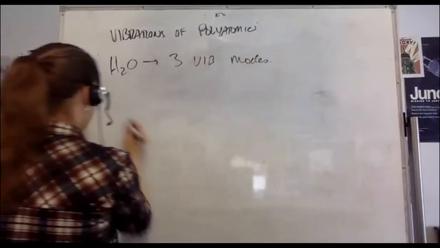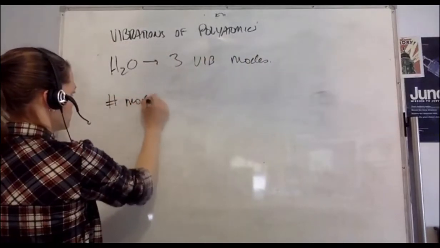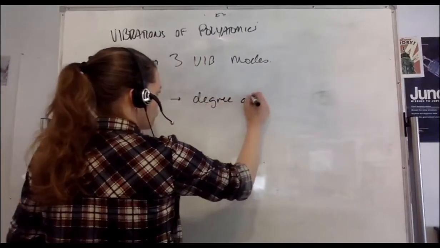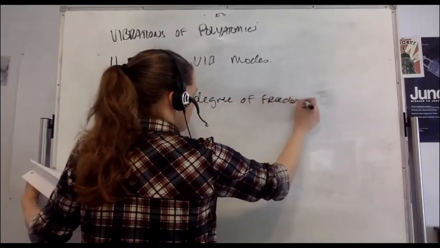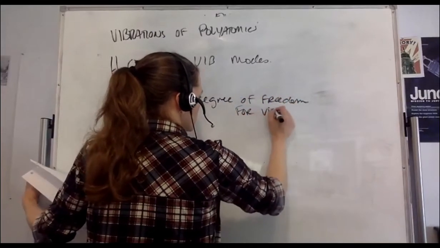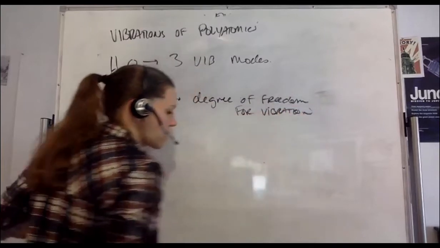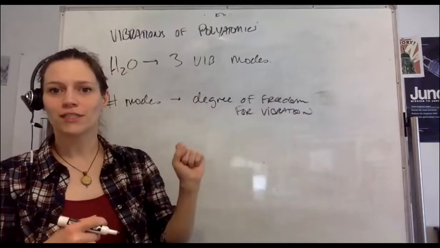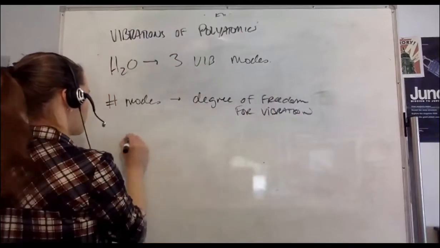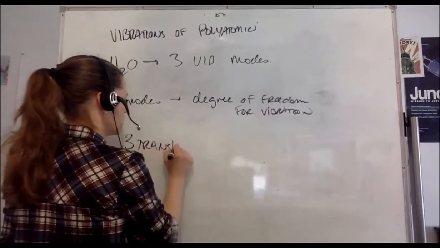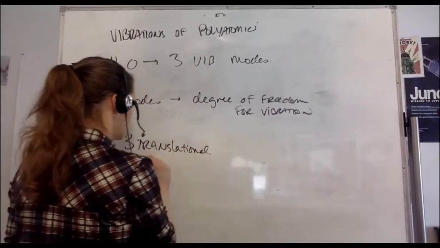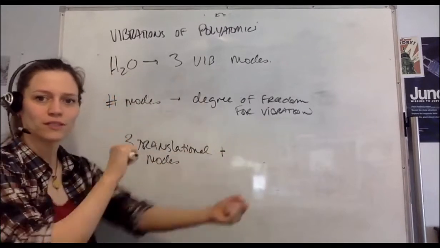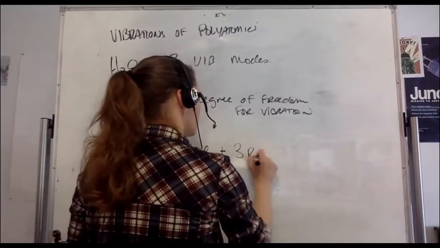First off, the number of modes is essentially the degrees of freedom for vibration. So if you think about the total degrees of freedom, how many different ways can the molecule move? They can move translationally, this way or this way. So there are 3 translational modes. Plus, when it's rotating, it can go this way or that way, so 3 rotational modes.